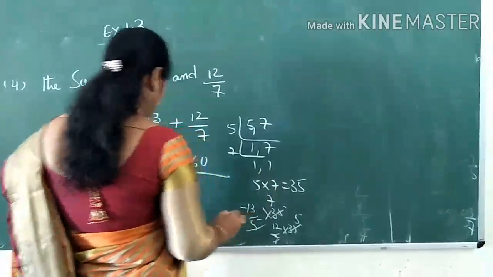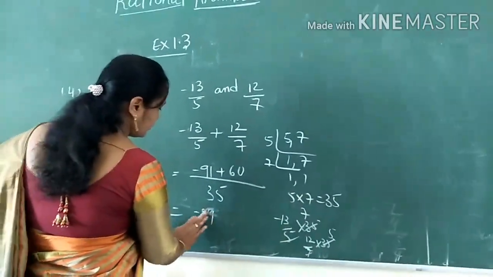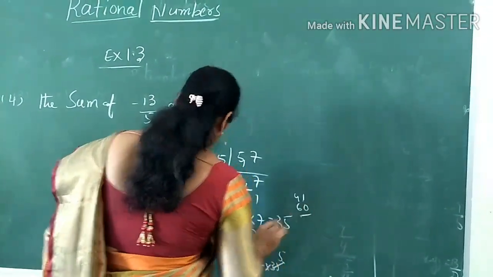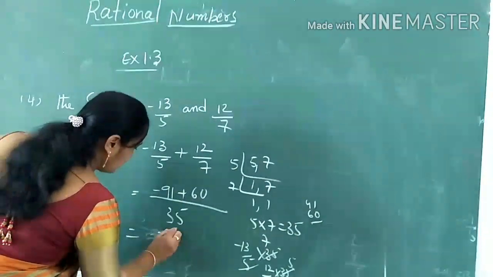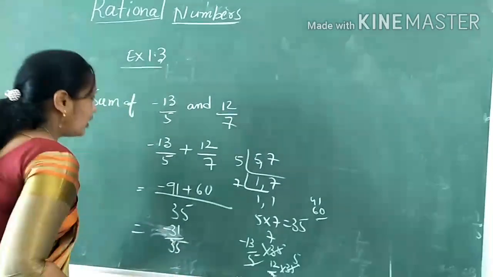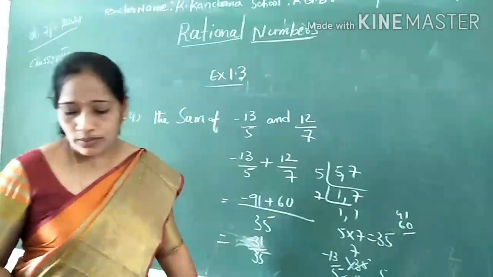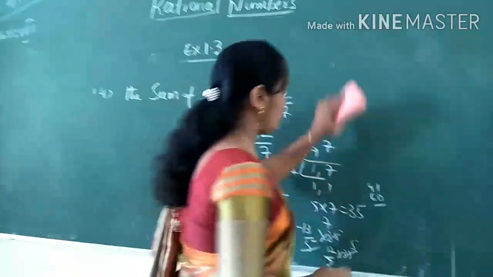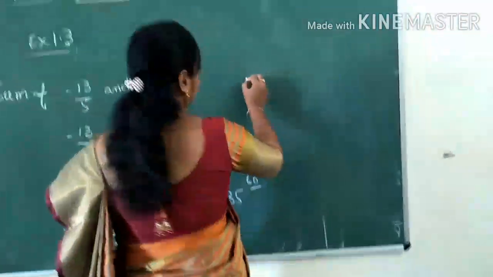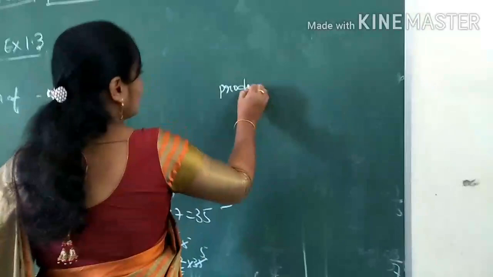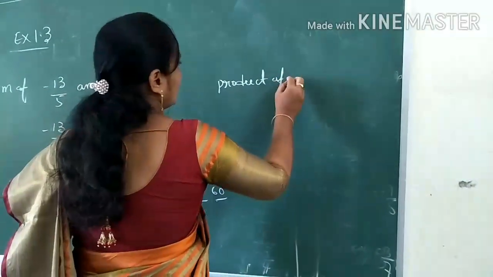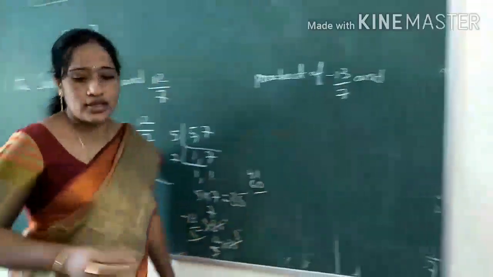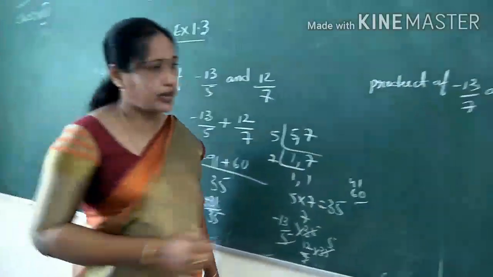So the sum is minus 31 by 35. And again, the product of minus 13 by 7 and minus 1 by 2.